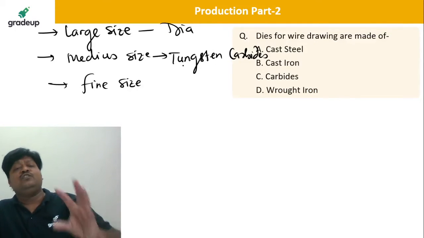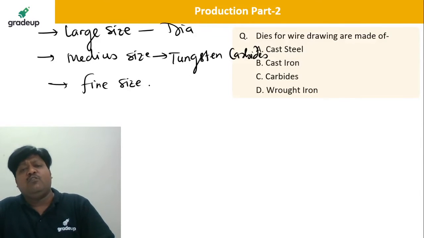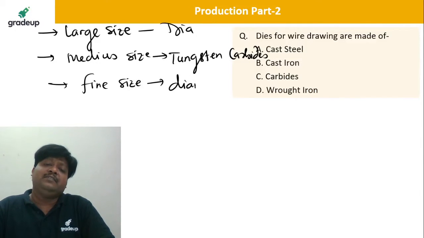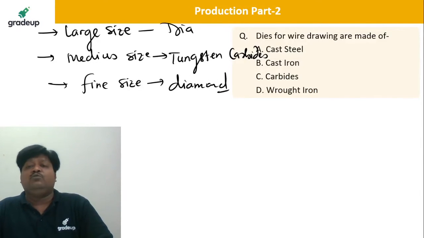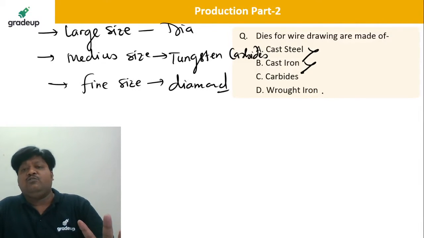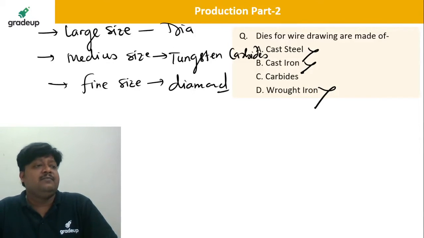And whenever your wire is very fine, very small diameter, you can go with diamond dies. So out of these, cast steel is not used, cast iron is not used, wrought iron is not used. So definitely which is the correct answer?